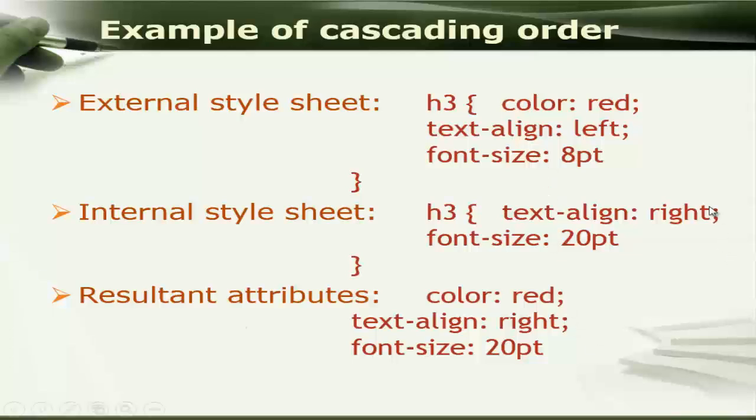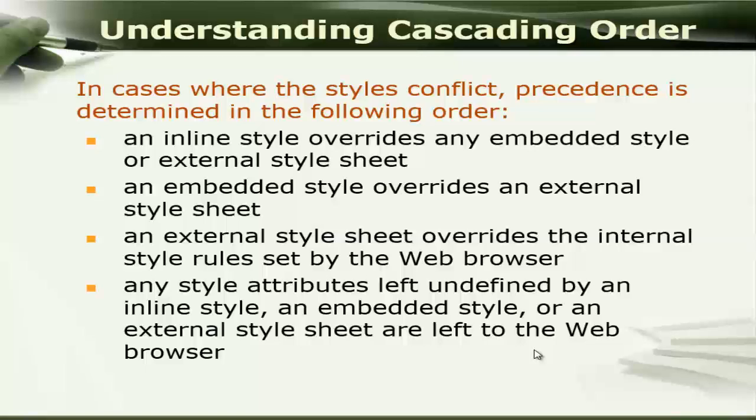And here, point size is 8 points in the external, point size is 20 in the internal. Internal wins, so you get the 20 points. So this is what happens. If it is there and if it is not overridden in the next stage, that means that is simply carried forward. Okay.